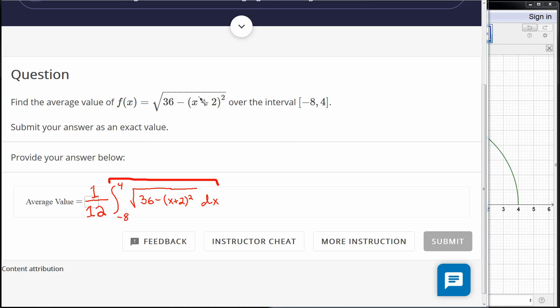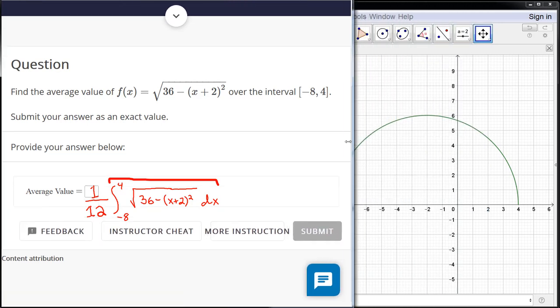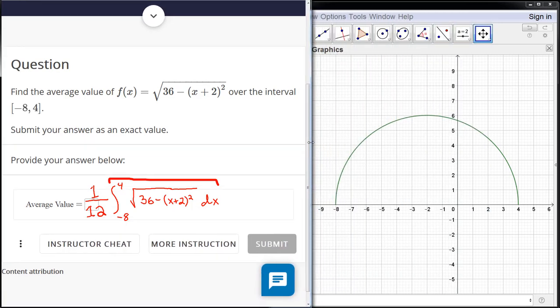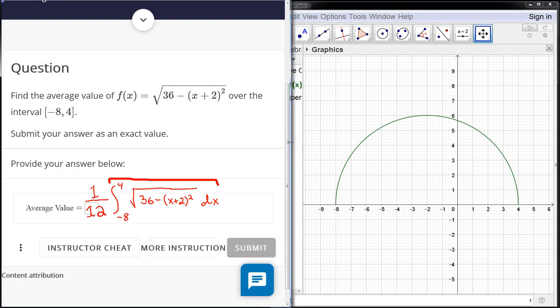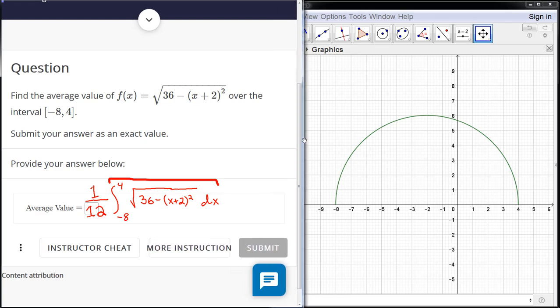And if you wanted to do an algebraic investigation, you could totally figure out that this is indeed the graph of a circle. But no one said we can't just use GeoGebra. So I went ahead and used GeoGebra here to graph this thing.